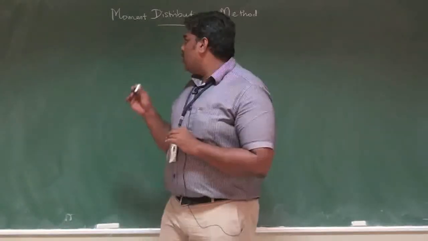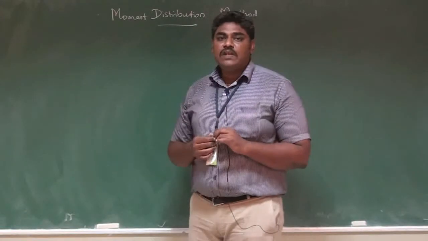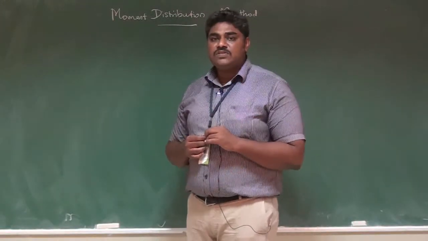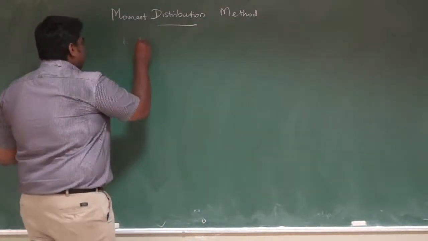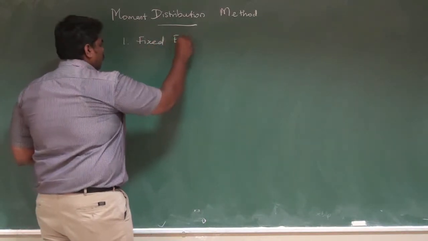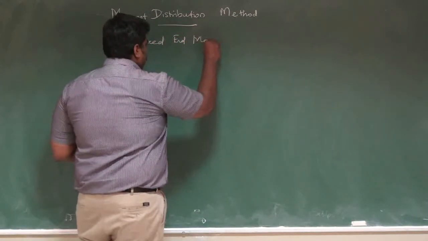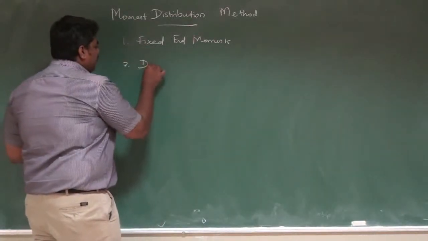So for this moment distribution method, before going into the method of calculation, you should know 4 common terms which are very useful. The first one is fixed end moments. Number 2 is distribution factor.